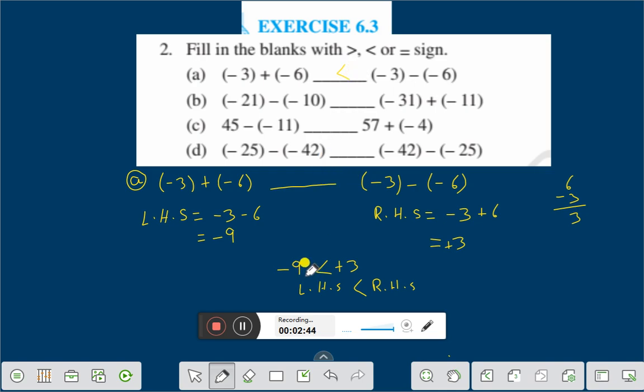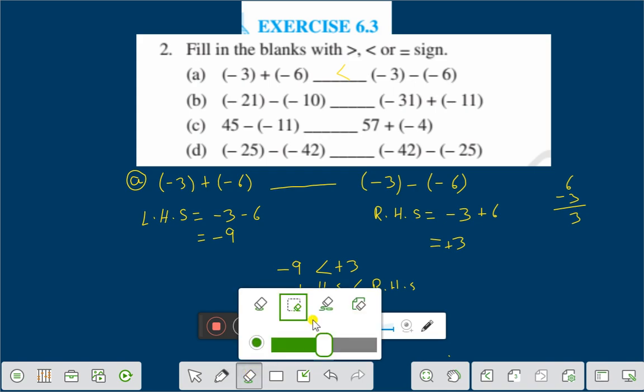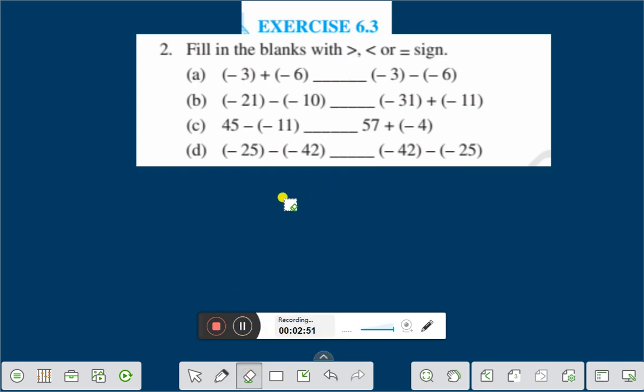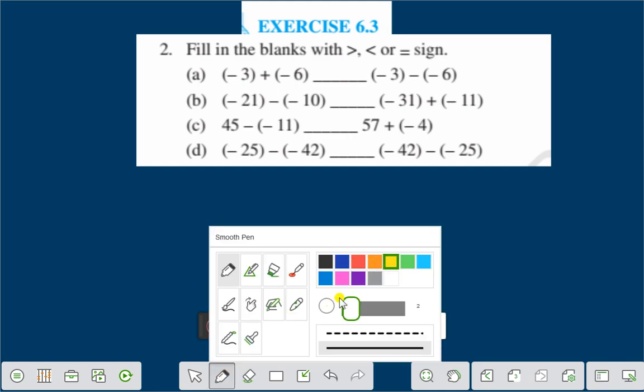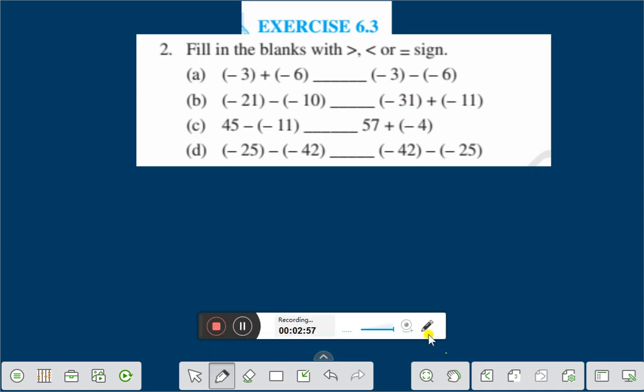Now we'll solve question number B. You see, question number B is this one.